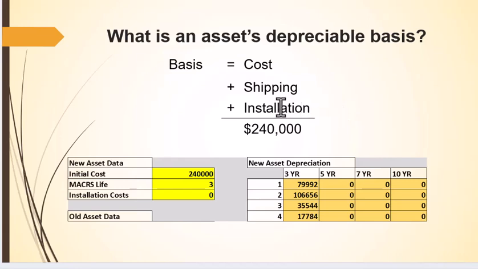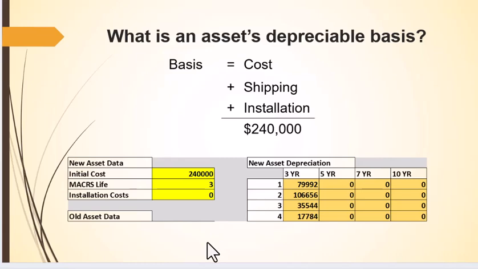There are going to be a lot of things that might fit into this piece. We could have insurance. We could have tearing down a wall and rebuilding the wall to get the product in. There are a whole lot of expenses that could be incorporated here. So it's going to take a little bit of work maybe to figure all that out. In this case, it's $240,000.